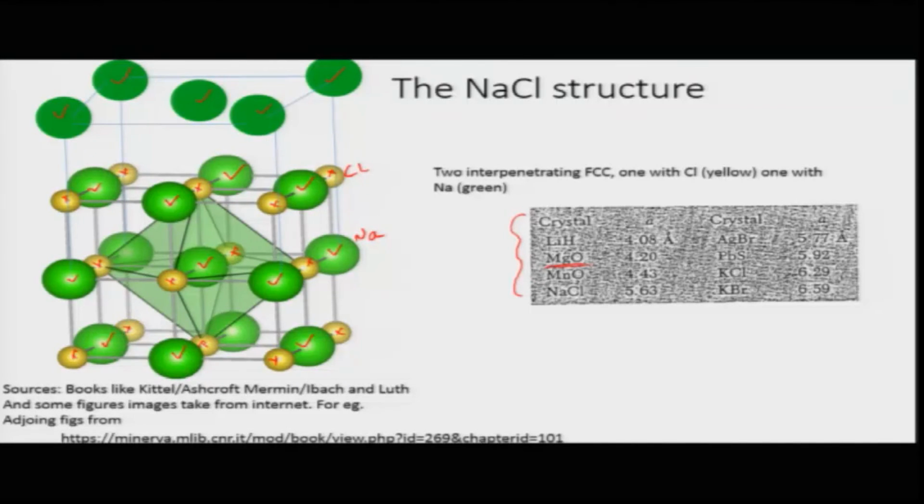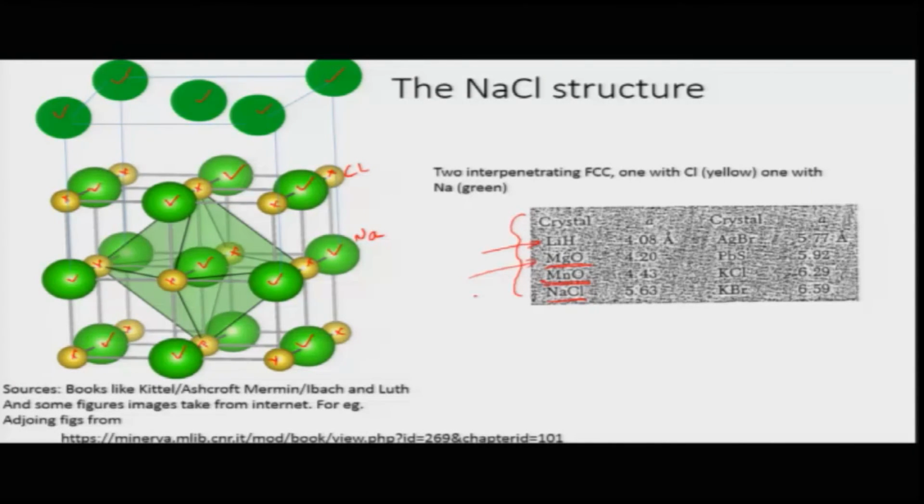For example, MgO is a popular material used in research in condensed matter physics. MnO is also a popular material which is studied. Potassium chloride solids and potassium bromide solids. Of course, NaCl is from where the original structure is defined and derived. Lithium hydride.